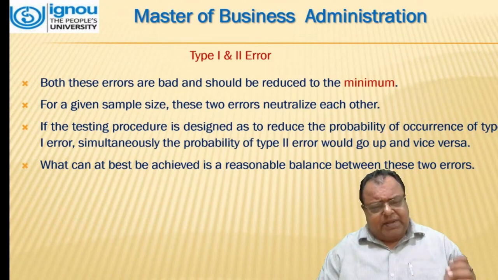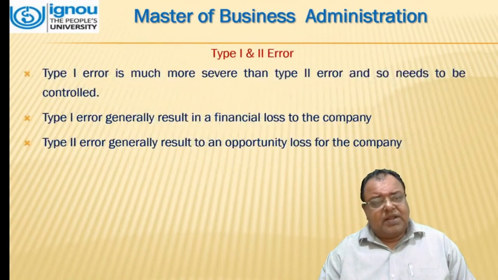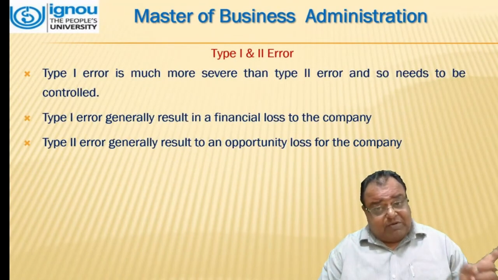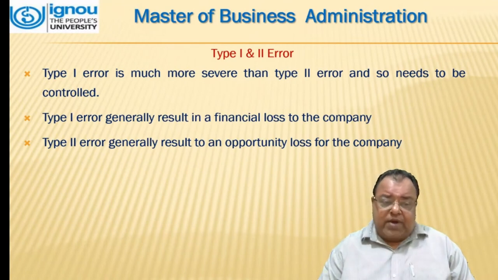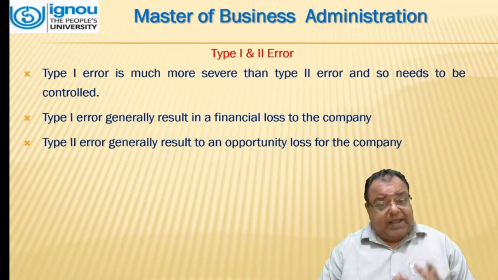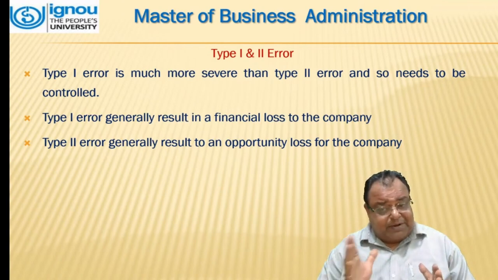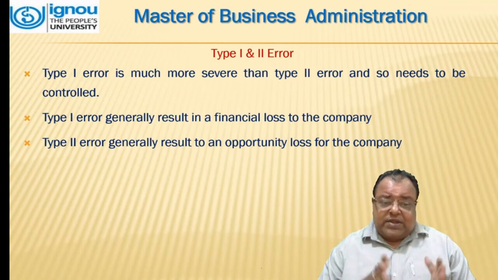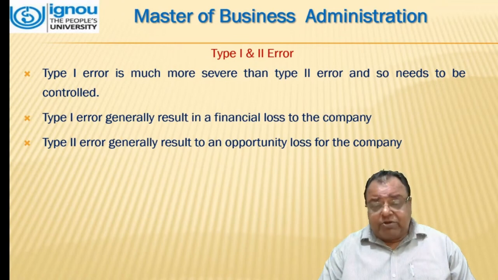What can at best be achieved is a reasonable balance between these 2 errors. Type 1 error is much more severe than type 2 error, and so needs to be controlled. Type 1 error generally results in a financial loss to the company, and type 2 generally results in an opportunity loss for the company.